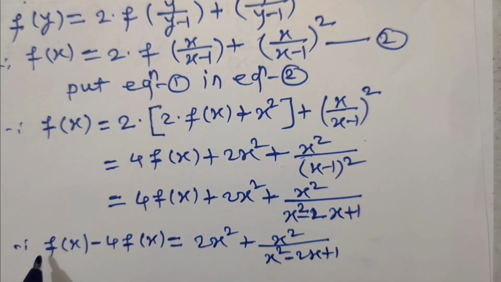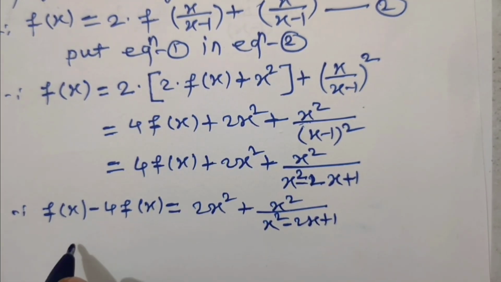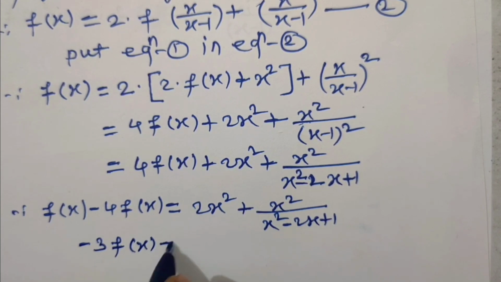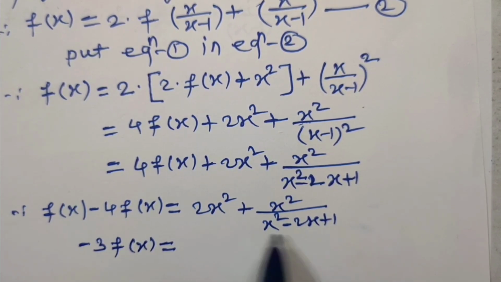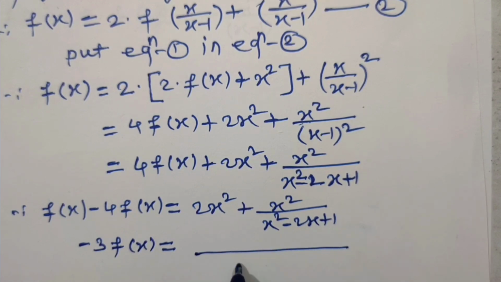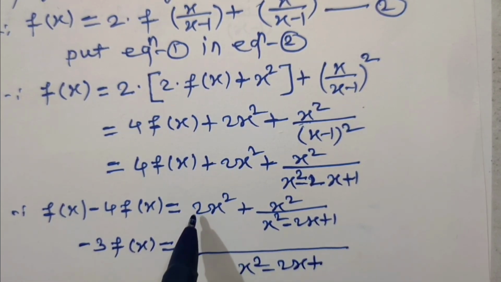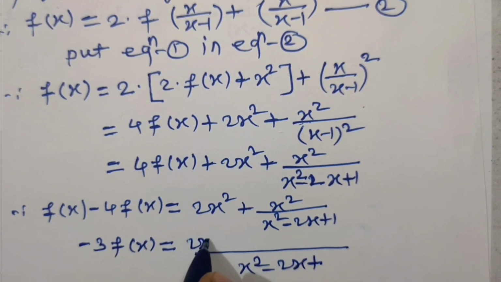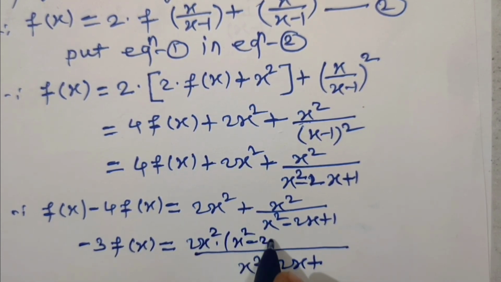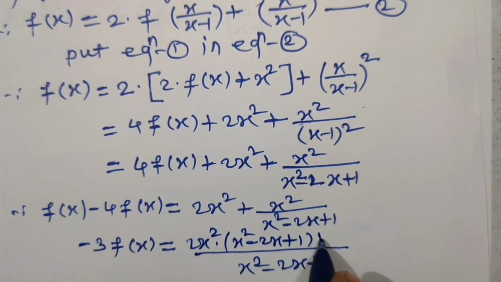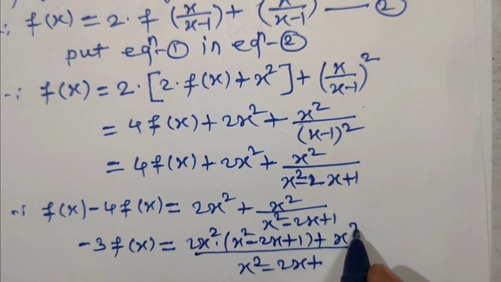So 1 times f of x minus 4 times f of x, that is minus 3 times f of x, is equal to, taking LCM on the right hand side as x square minus 2x plus 1, then 2x square into x square minus 2x plus 1 plus this x square.